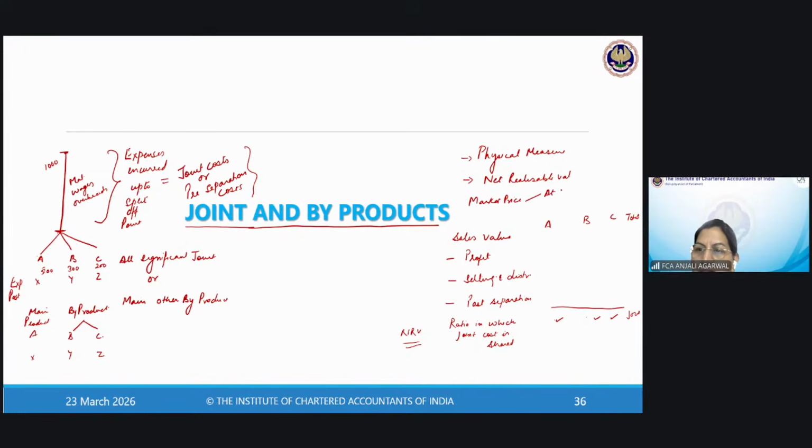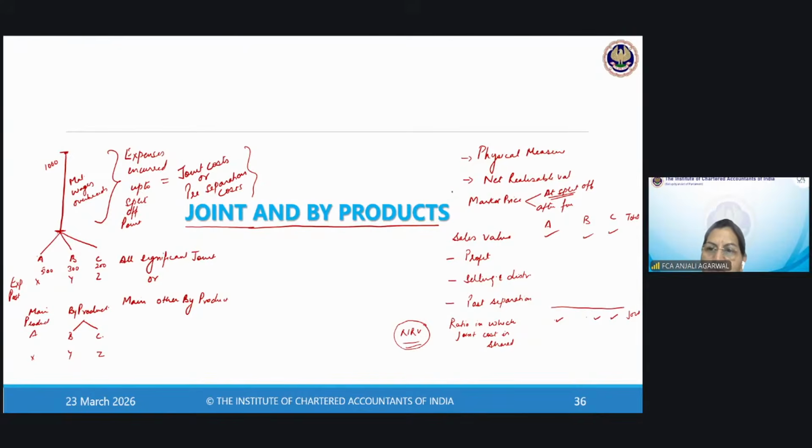Then you use this only, because no other subsequent information will become relevant. But if you have information about the price and profit, you can deduct that. If the market price at the split off point is not given, but the market price after further processing is given, then this value has to be used to find out the net realizable value.